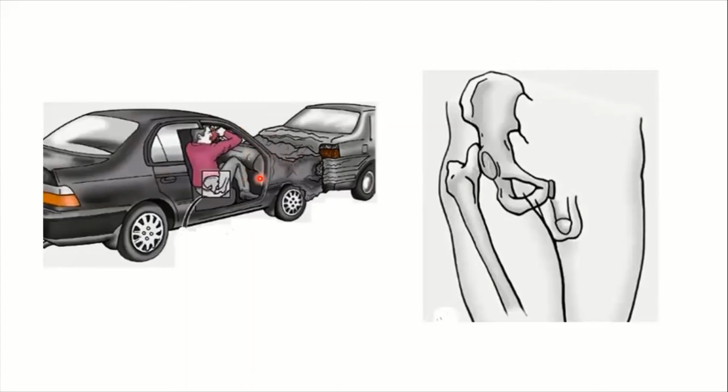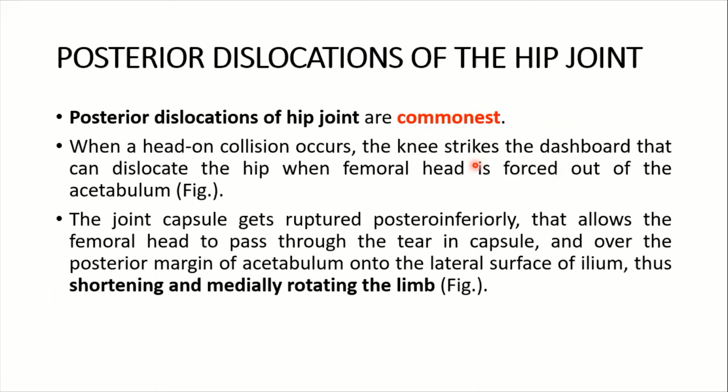Here you could see this is a head-on collision, and you see the position of the limb. Here you could see in this bracket, small square, right? This will result in posterior dislocation of the hip, the head of the femur.